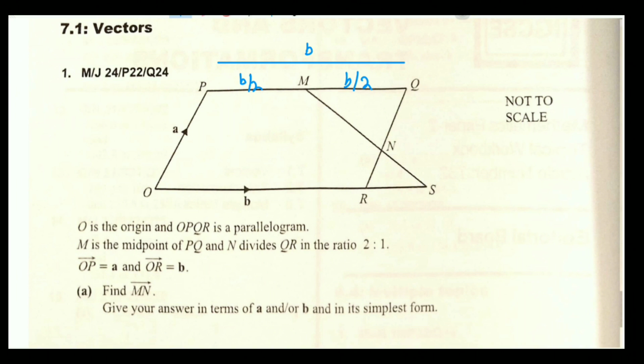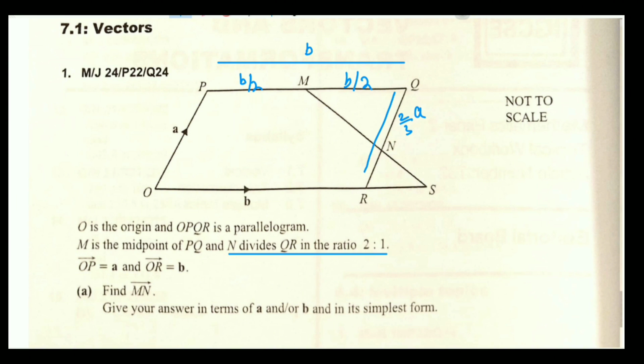Okay, so now N divides QR in the ratio 2:1. So QN will be 2 by 3 of QR. 2 by 3 of QR means 2 by 3 of A because these two sides are parallel.